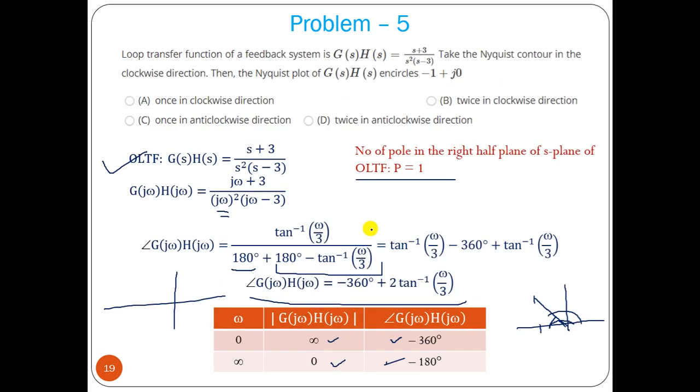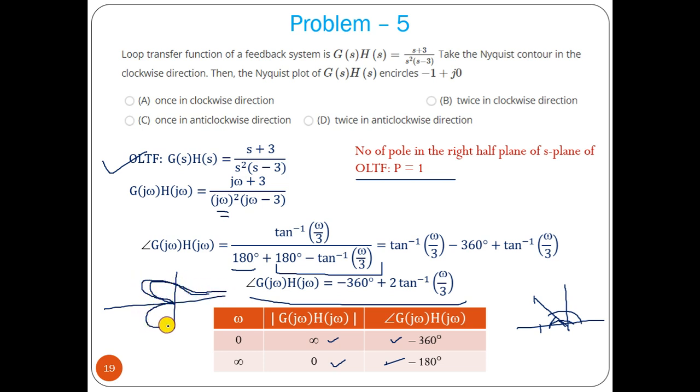So it starts at minus 360 degree at omega equal to 0, and as omega goes to infinity, it ends at the minus 180 degree line.